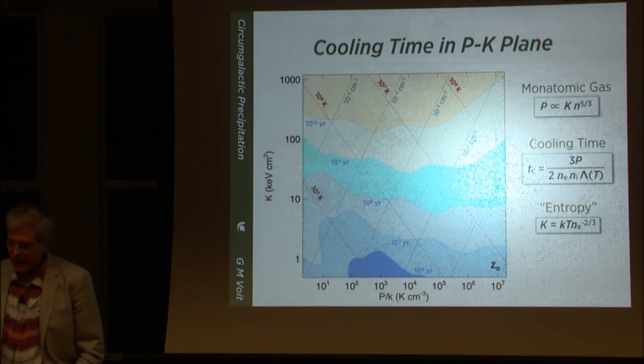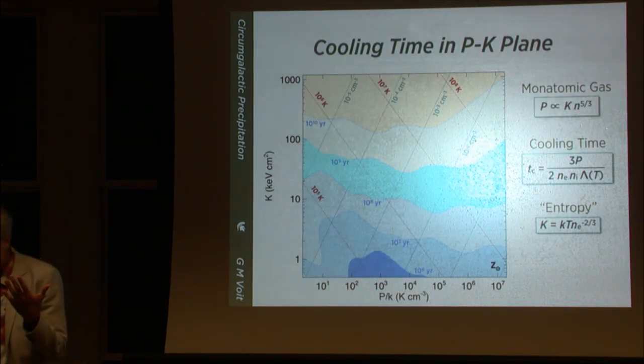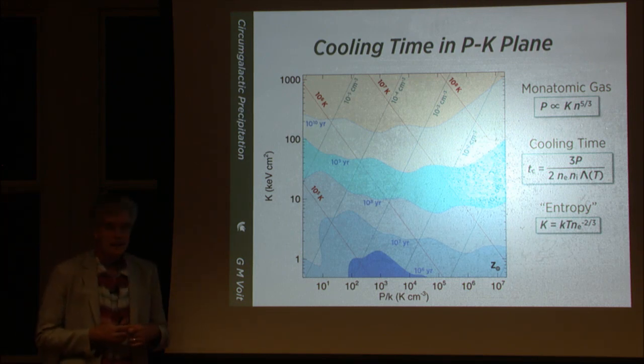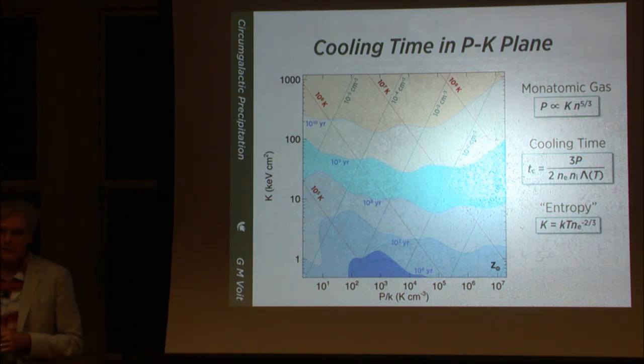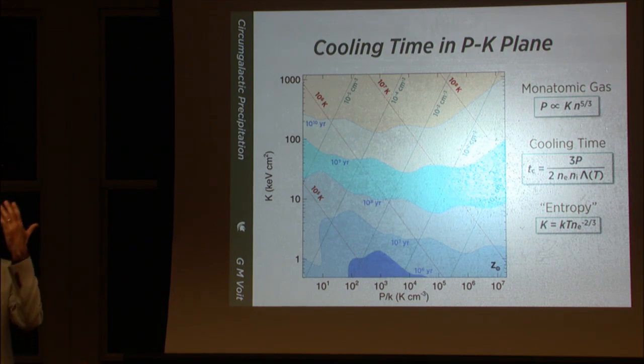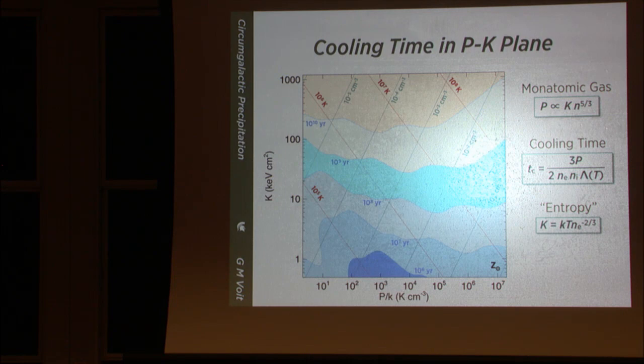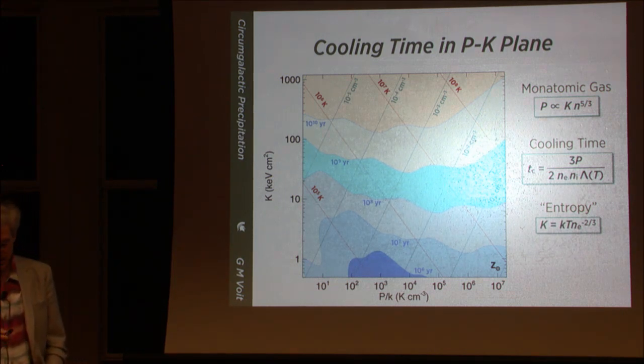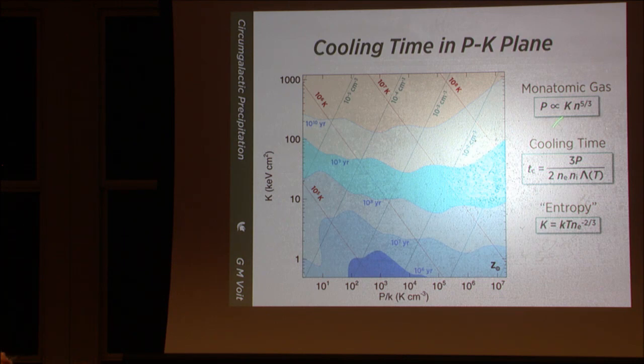So when I think about circumgalactic gas, it is usually customary for people to talk in terms of density and temperature, because those are concepts we gravitate towards as humans. But I think it's deeper to think about what's going on in terms of pressure and entropy, where entropy here is quantified as the constant of proportionality in this equation of state.